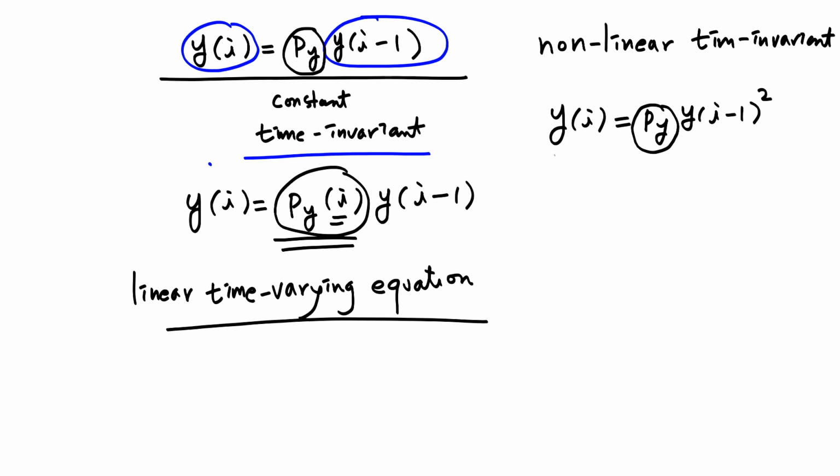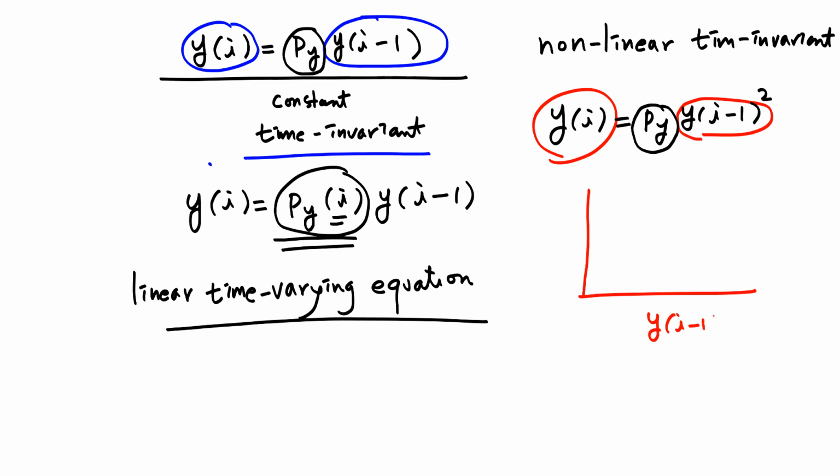But the relationship between y of i and y of i minus 1 is not linear anymore. Now we have y of i minus 1 on the horizontal axis, and y of i on the vertical axis, and you will see something like this. You will see basically a parabola. We will see nonlinear time invariant examples in my course.